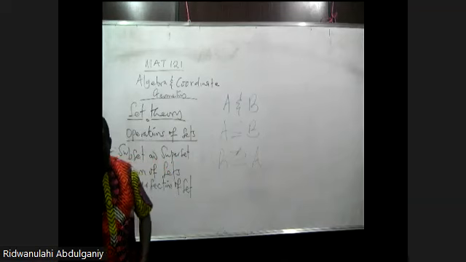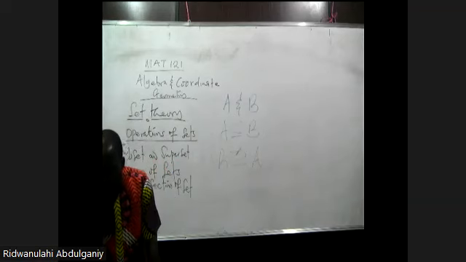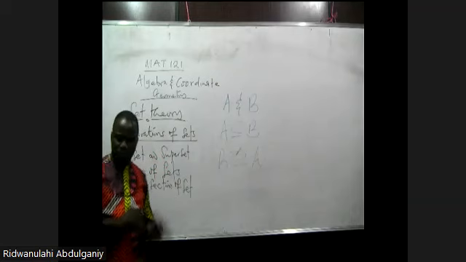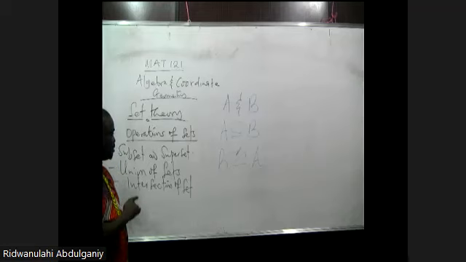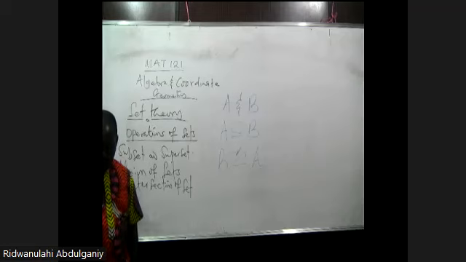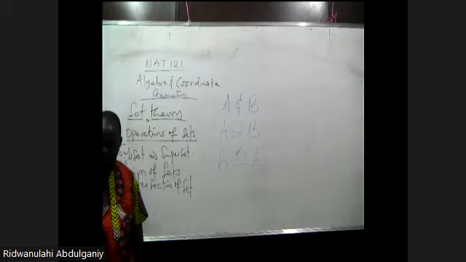Before we move on, what is the major difference between types of sets and operations on sets? I emphasized that in the last class. Either of the two, anyone from the house?